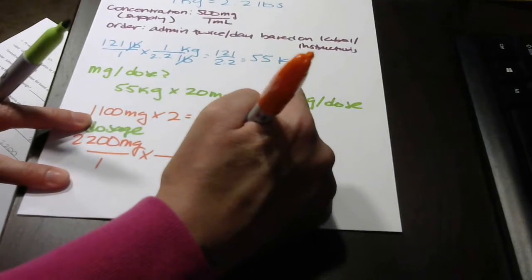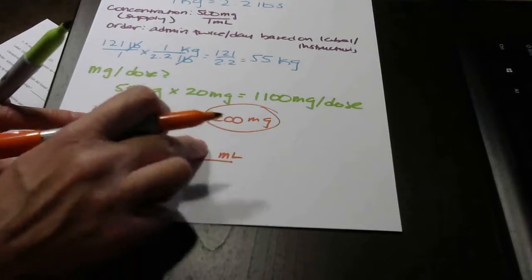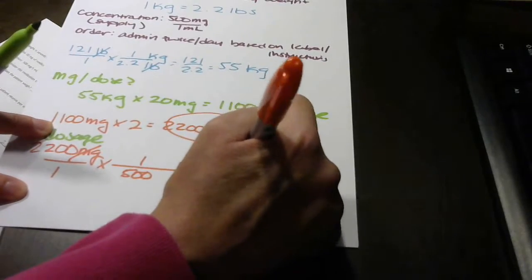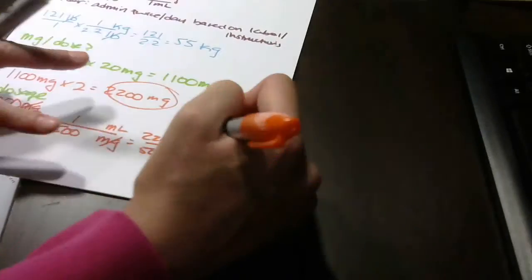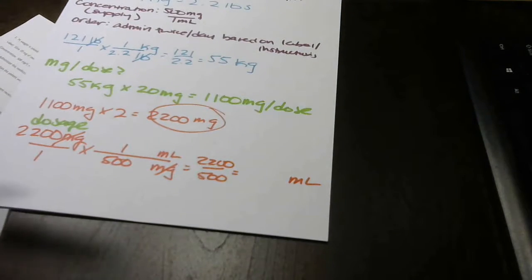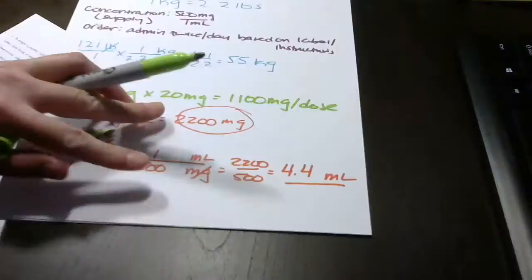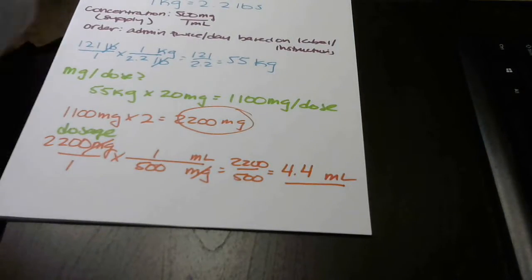We want to put milliliters on top because that is the measurement we want our final answer in, and milligrams is going to go on the bottom. The milligrams are going to cancel out, so we're going to get 2200 divided by 500 to get our final answer in milliliters. Using my calculator, 2200 divided by 500 equals 4.4 milliliters. And that's the final answer for the fourth part of that question.